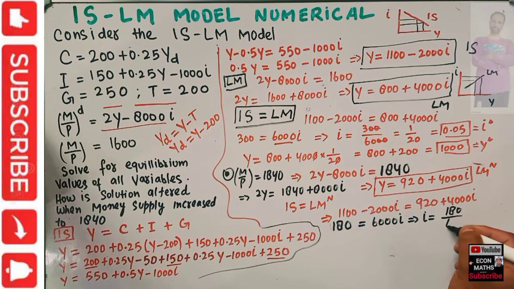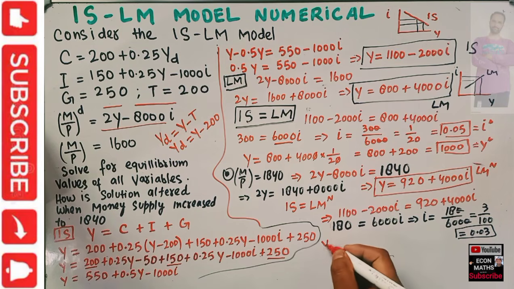So 0 is cancelled, we are left with 6 3s are 18, which comes out to be 3 upon 100, which is equal to 0.03. This will be our new equilibrium interest rate. So 3% will be our new interest rate.